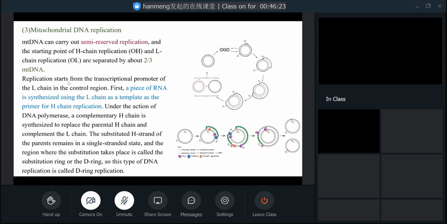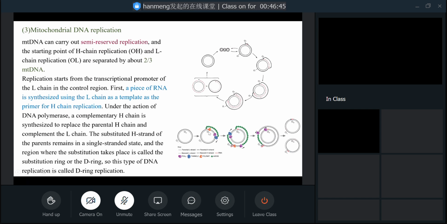And the replication starts from the transcription promoter of the L chain in the control region. First, a piece of RNA is synthesized using the L chain as a template as the primer for the heavy chain replication.